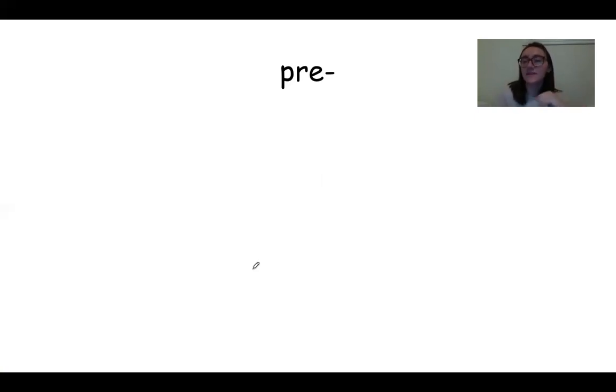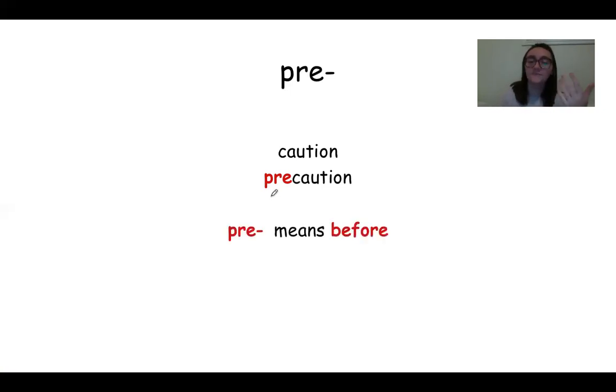Now, this isn't something that you can just say by itself. You have to put it onto another word. So the example that I'm going to show you is the word caution. You put pre in front of it, it becomes precaution. So this little word in the beginning of the regular word, it means before. So the word caution means to be careful, right?